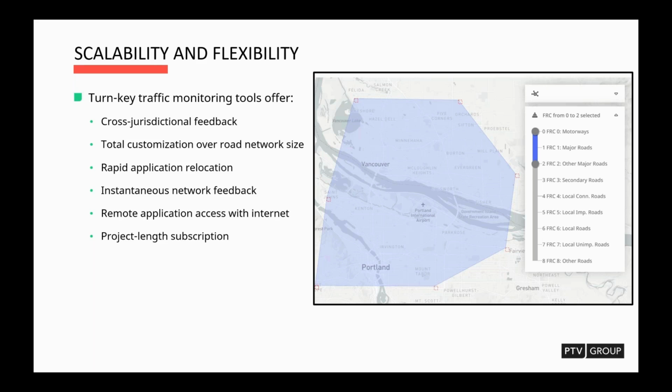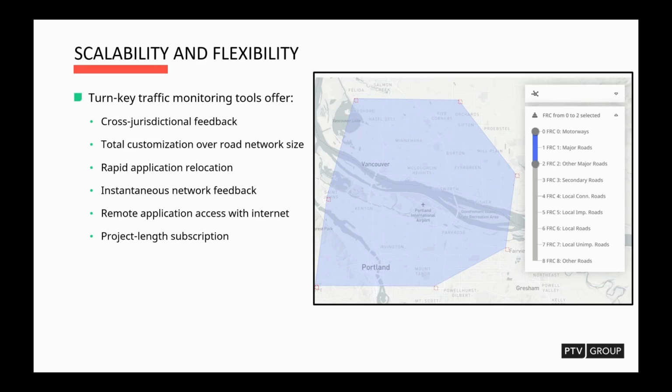So if you're particularly concerned with just one particular roadway network, maybe it's a major motorway, maybe it's an arterial road, then you can select just that particular road and get extremely customizable data that is going to make the project a little bit easier to study, because you don't have to consider all this external data that's just going to add more burden.